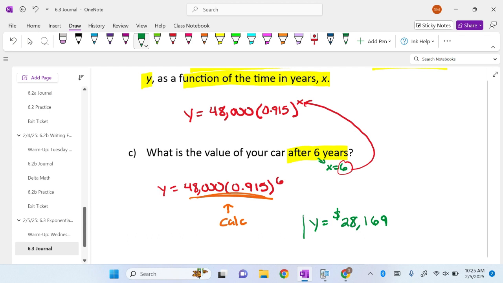So like I was saying, this makes sense because if we're depreciating in value over the years, we should get a number smaller than what we started with. So if you put it in your calculator and got a number bigger than 48,000, you most likely did something wrong.